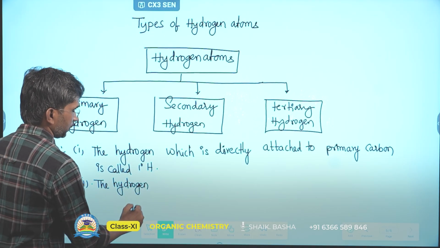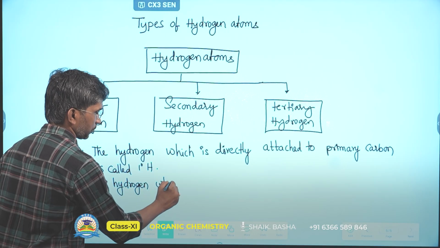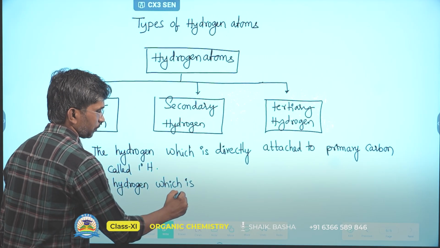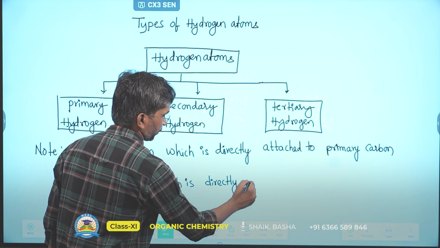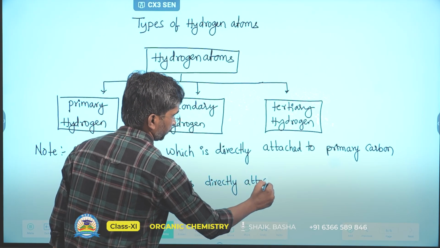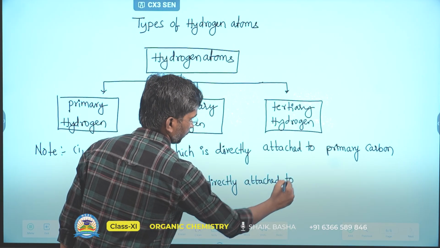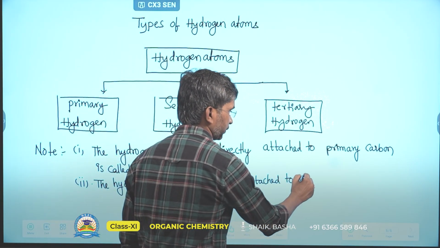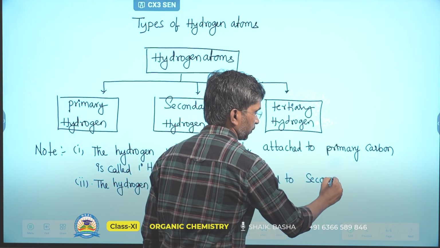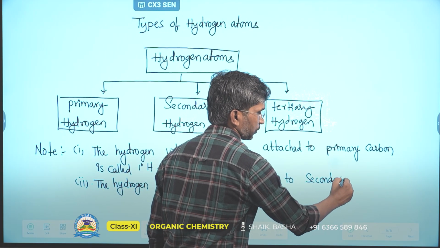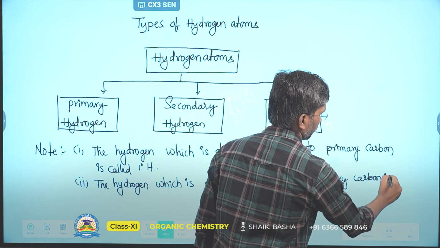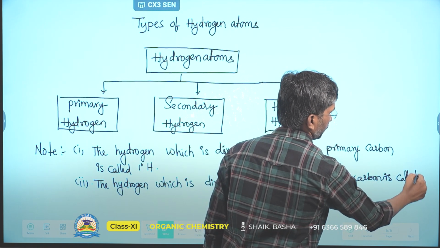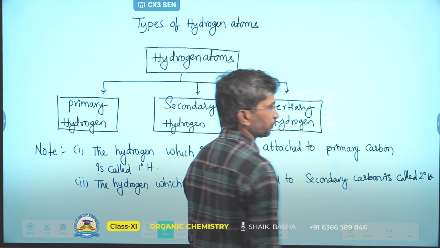The hydrogen which is directly attached to secondary carbon is called secondary hydrogen.